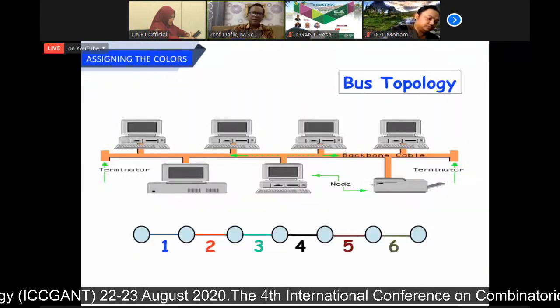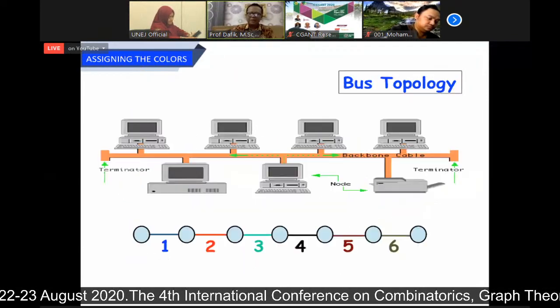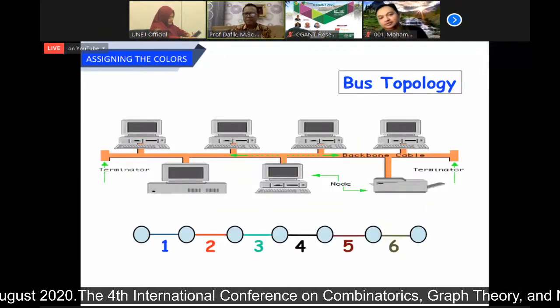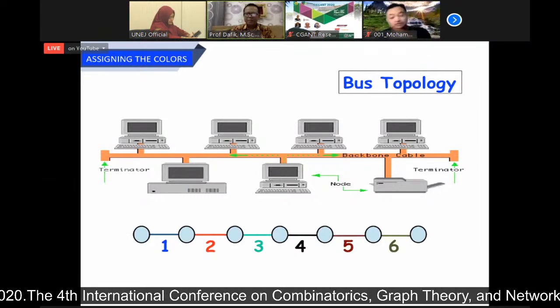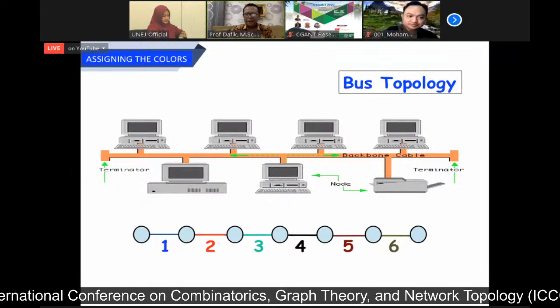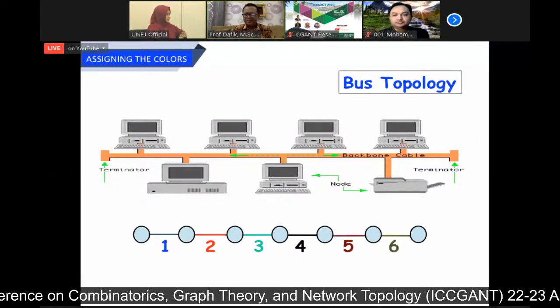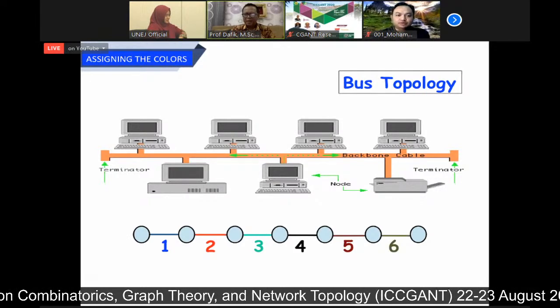I believe it is easy to find one for a path. It is simple and trivially we can find the rainbow coloring. And rainbow coloring is not a proper coloring like normal proper coloring.